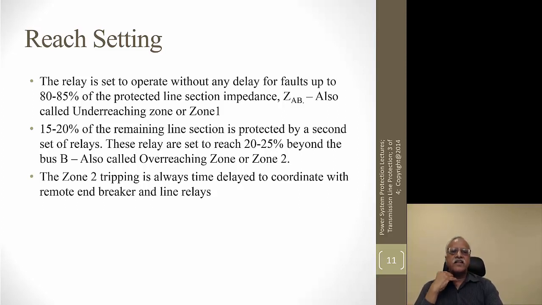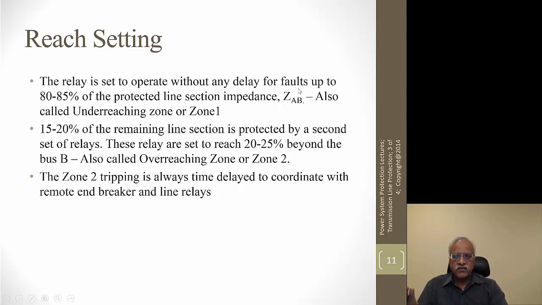Now let us again take the example of that 7 ohms. So 0.8 times 7 is about 5.6. If the relay measures 5.6 ohms, I know for sure the fault is on the line, because that 15% I am allowing for the error in the parameters, CT ratio, PT ratio, and also the relay design errors. So if the relay measures an impedance of 5.6 or less, I say that definitely the fault is on the line, and I trip.